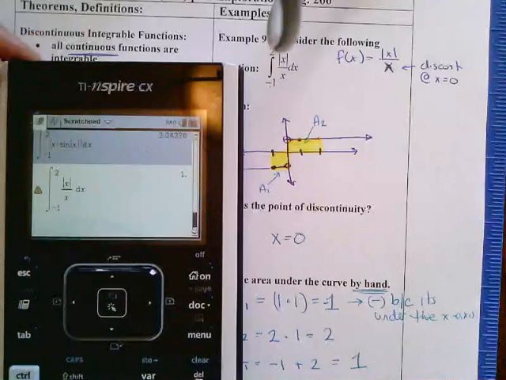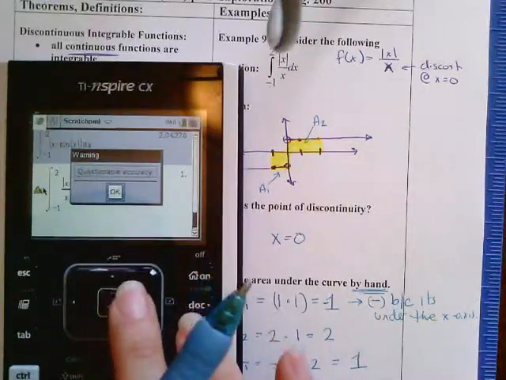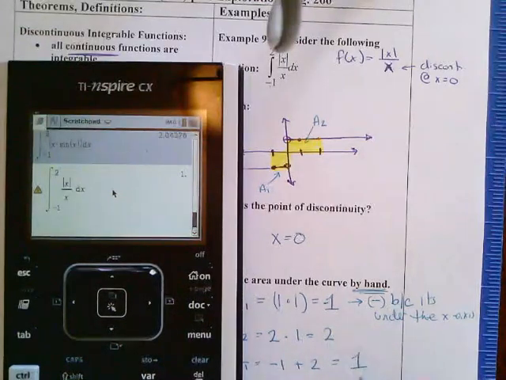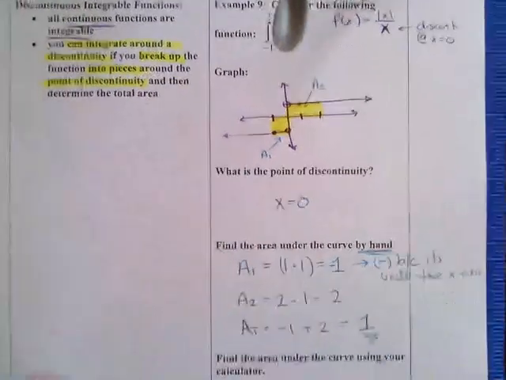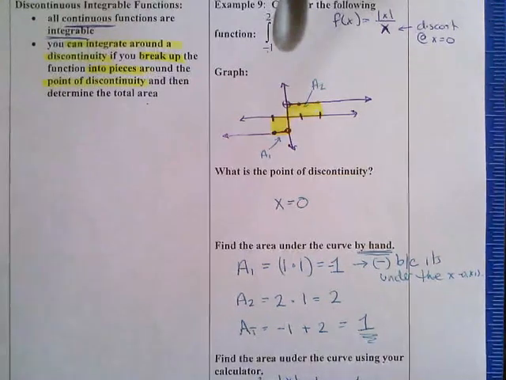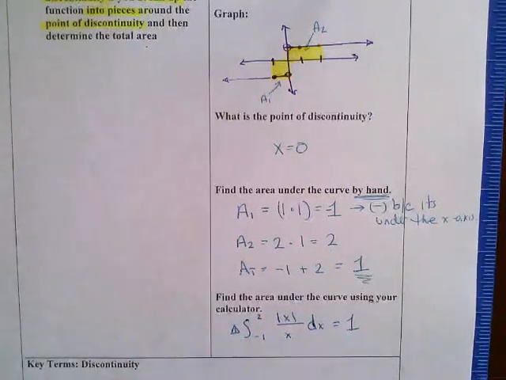Dx equals 1. Now what this is, I have no idea. Questionable accuracy because of the discontinuity. But there's our answer: 1. So when you find it using the calculator, you do get 1. You will get a little sign over here, questionable accuracy, but that's because of the discontinuity.